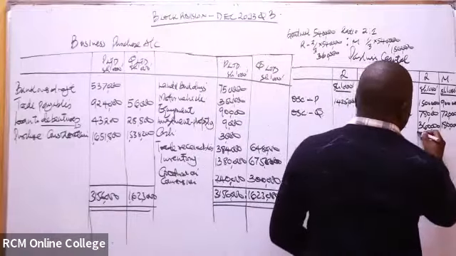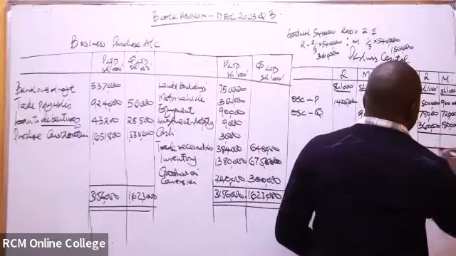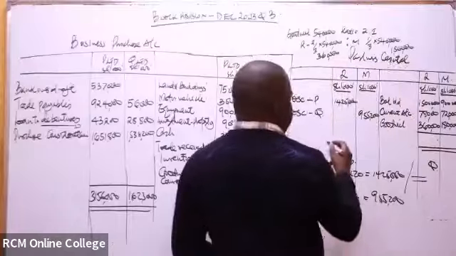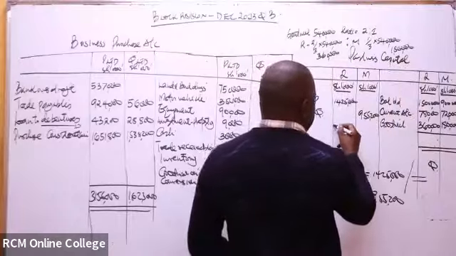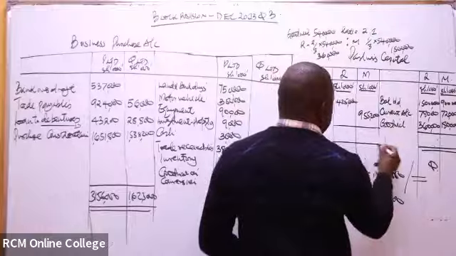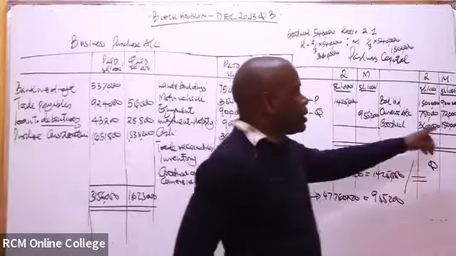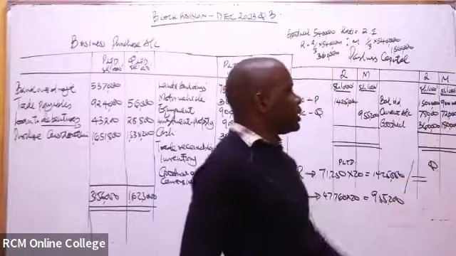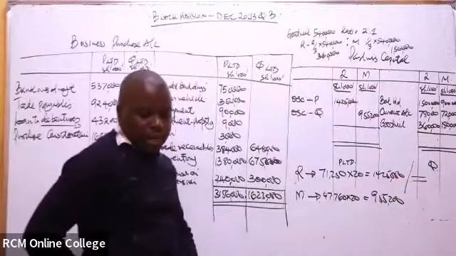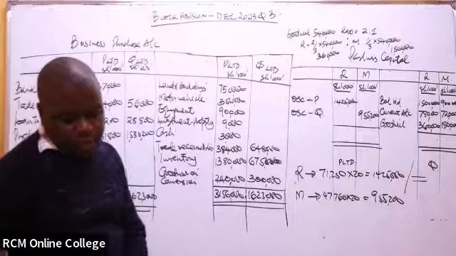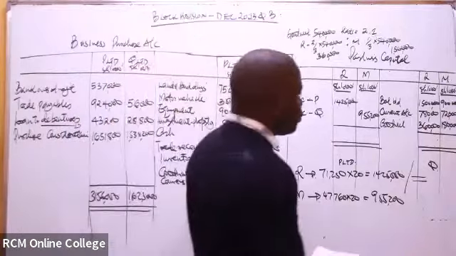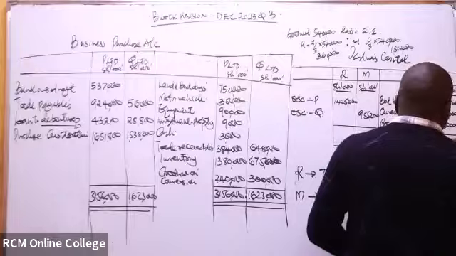If you do the total here, what do you end up getting as the totals? You have 900 plus 72 plus 180. I think you'll be able to get 1,152,000.